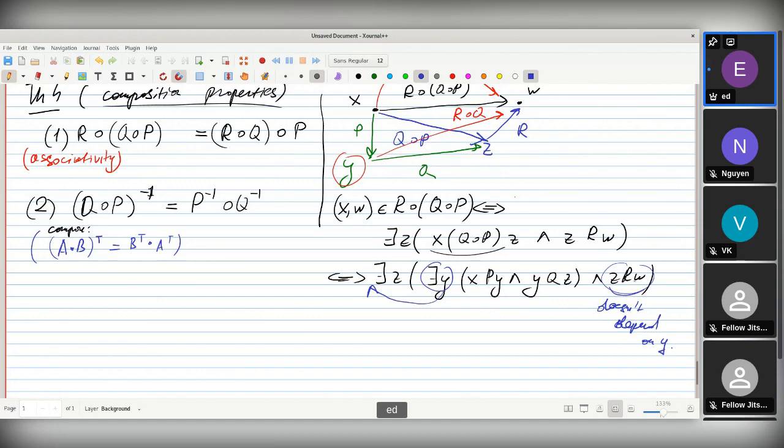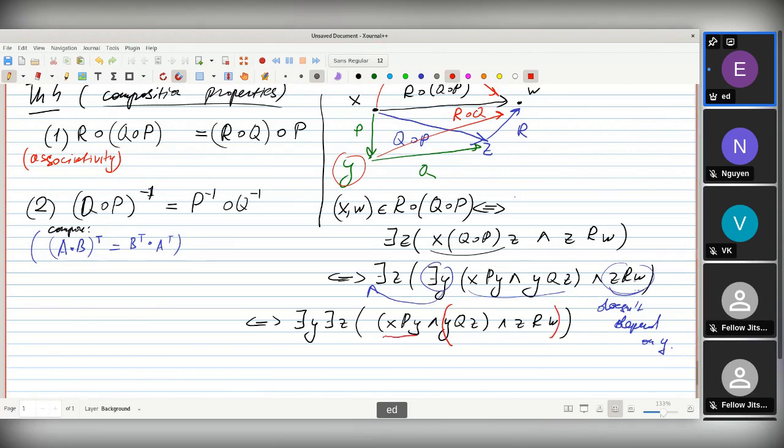There is Y with this property and also satisfying something, because this doesn't depend on Y. This is the trick. So there is Y, there is Z such that XPY and YQZ and ZRW. Of course, you can easily regroup the brackets here because it is just a conjunction.